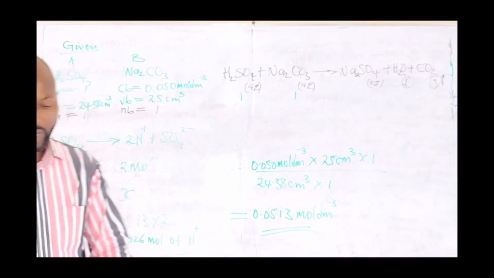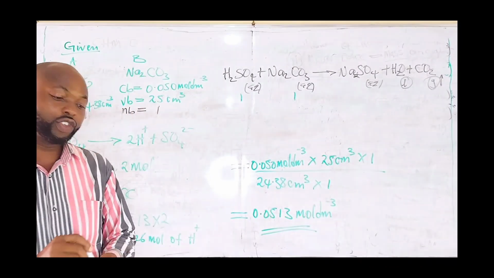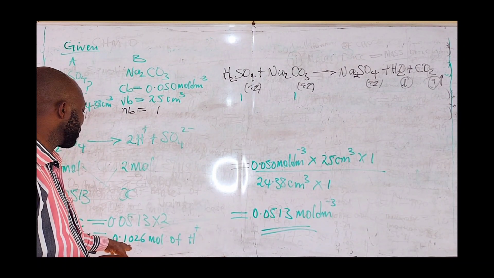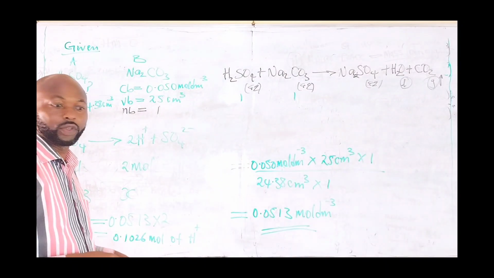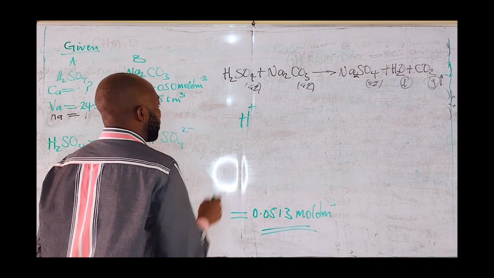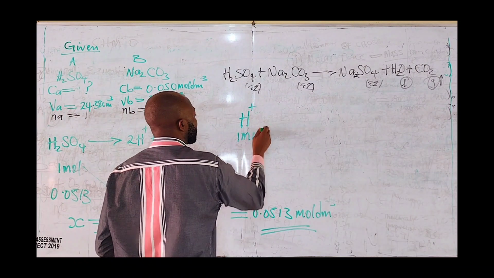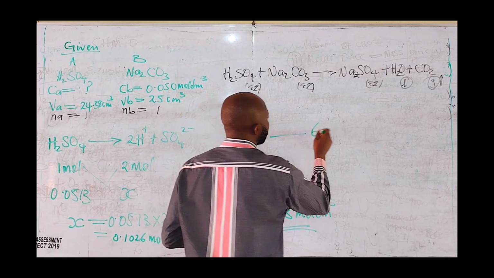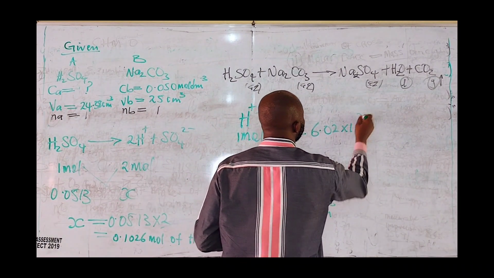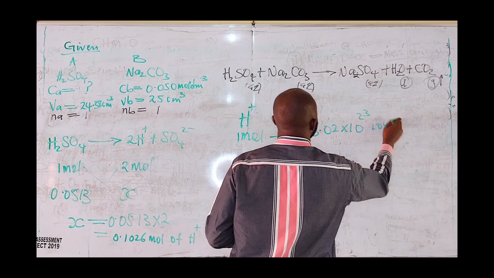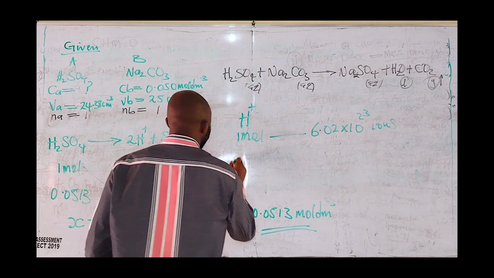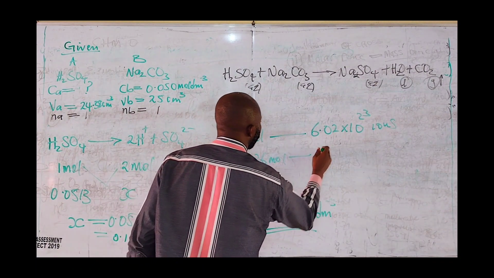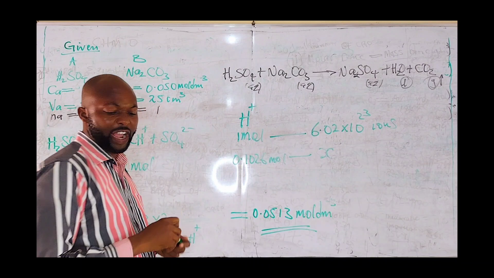That's not all. We're still going to proceed. I choose not to approximate to 3 significant figures because I'm still going to make use of the variable. So let's proceed. Now, 1 mole of hydrogen ion is equivalent to 6.02 times 10 raised to the power 23 ions. 0.1026 moles will be equivalent to X. Remember, we're looking for the number of hydrogen ions.